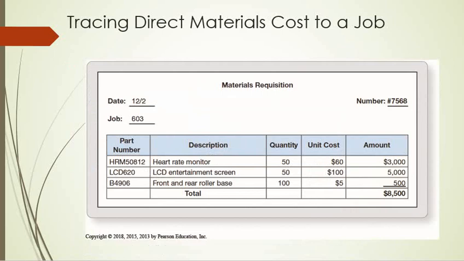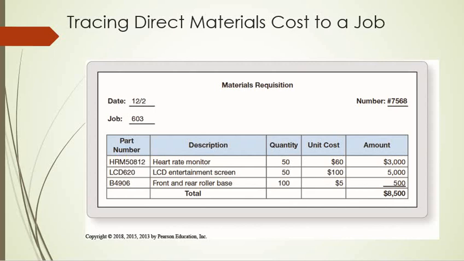The next example is an example of a materials requisition. Materials requisition means that they've gone to get those materials and now they've started working on those to complete a particular job.